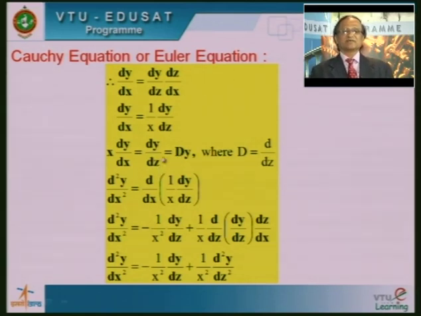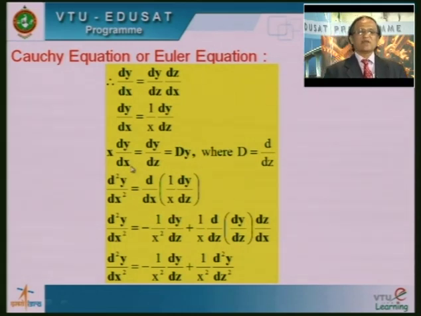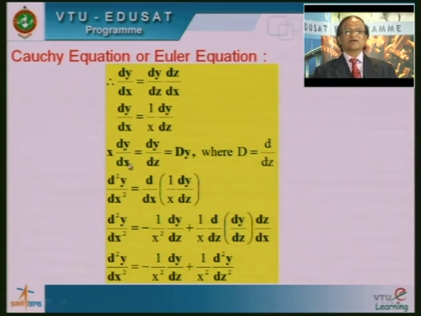Is it clear? So, capital D into y, that is why I have written here, where D is equal to d by dz. Now, I have obtained the value of x into dy by dx. So, can you tell me what is the value of x into dy by dx?